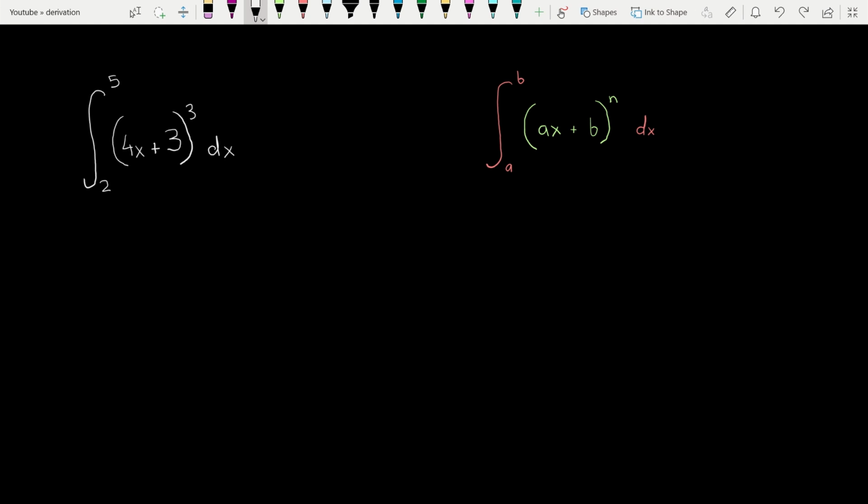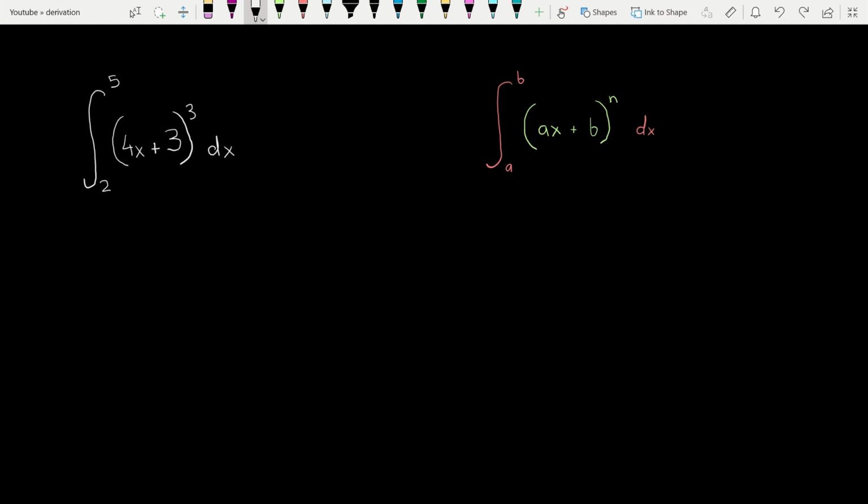The signs over here can actually change, so it can be negative ax and negative b, or it can be negative ax, positive b, or it can be positive ax and negative b, right? So don't worry about the signs. Just remember this thing, that there's going to be two terms. One of them is going to have an x, the other one isn't, and they're going to be raised to a power. Those are basically the three main things that are going to help you identify the form.